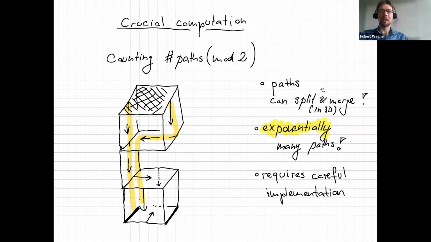The underlying reason for this is that in 3D those paths can both split and merge, which is perhaps surprising because they kind of model gradient paths in a gradient field, which couldn't do this.